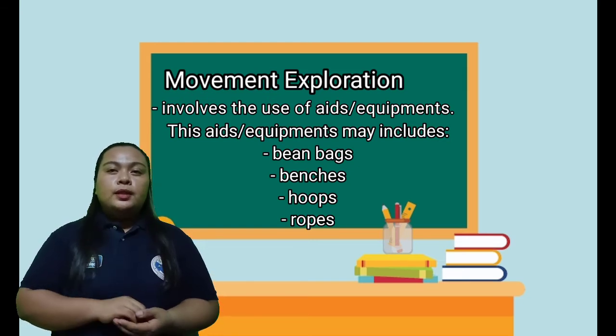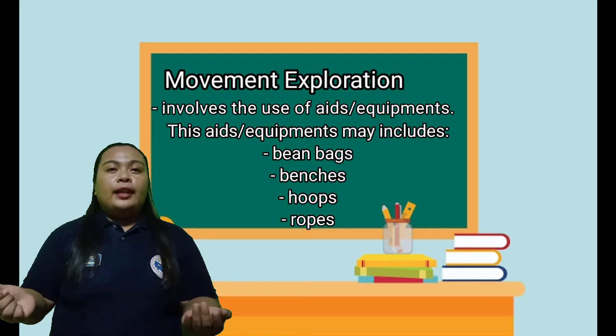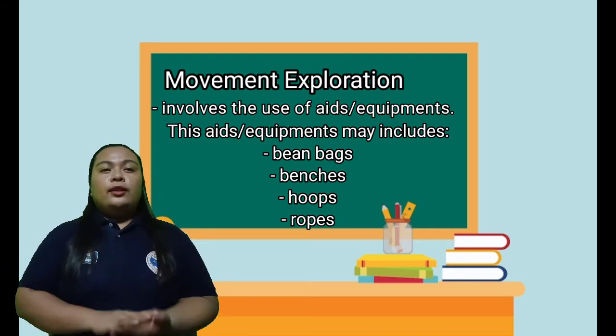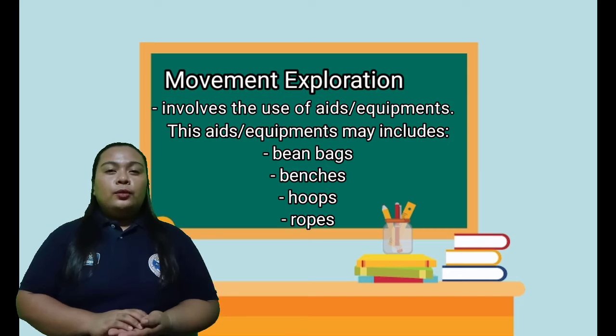For the hoops, the teacher will instruct the students to put the hoops on the right or left hand or onto their body. And with the ropes, the teacher will instruct the students to jump rope.